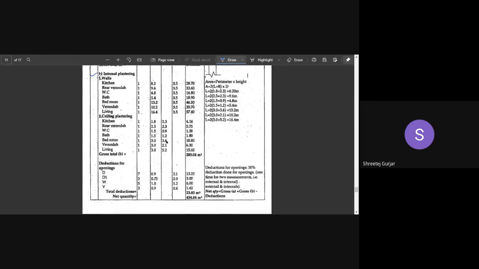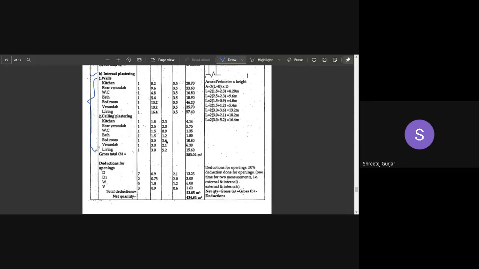Cement plastering is to be done for your 30 centimeter wall, your 20 centimeter wall, and also your parapet walls. External plastering is for the 30 centimeter wall and parapet wall, then internal plastering for the 20 centimeter walls, so we have to calculate internal plastering quantities.